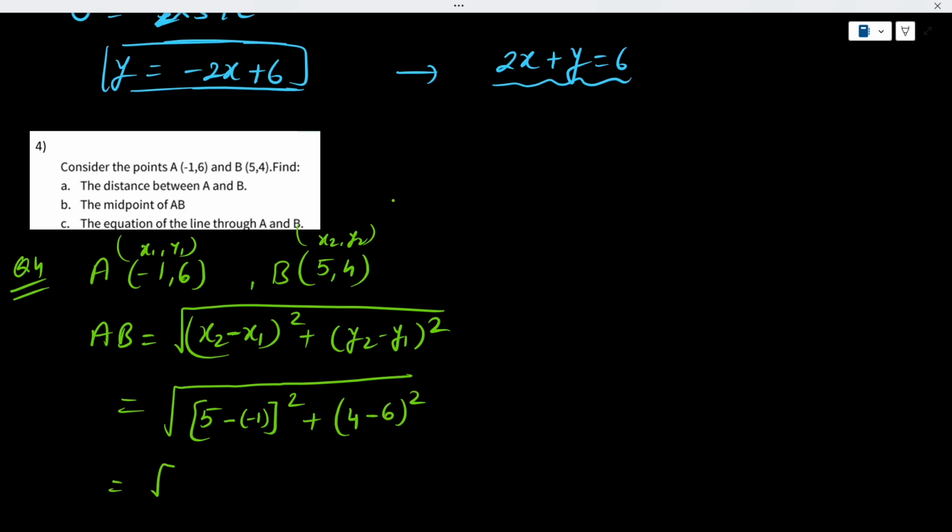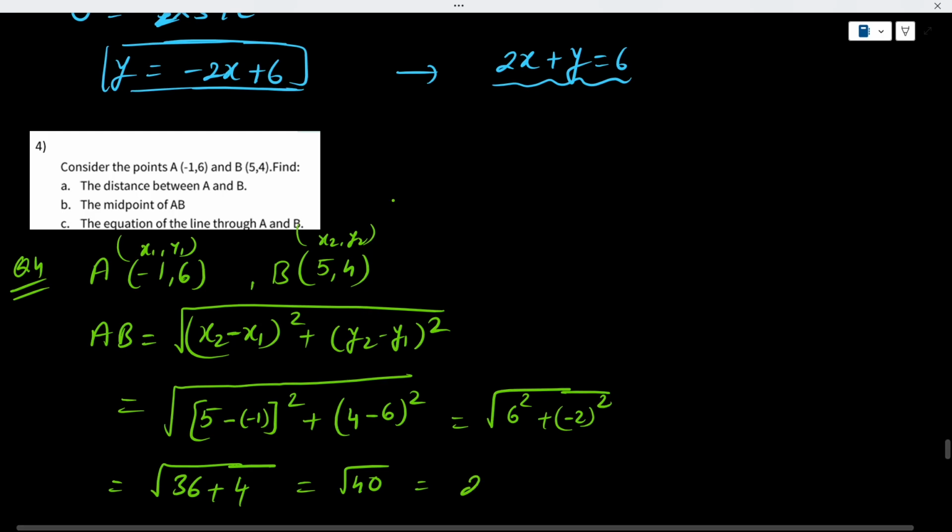And if you do the simplification, it is 5 plus 1 is 6, 36, plus here you can do one more step, 6 square plus minus 2 whole square also. So this is nothing but 40, which is going to be root 40. Root 40, if you are writing in surds form, it will be 4 times 10, so it will be 2 root 10 units.